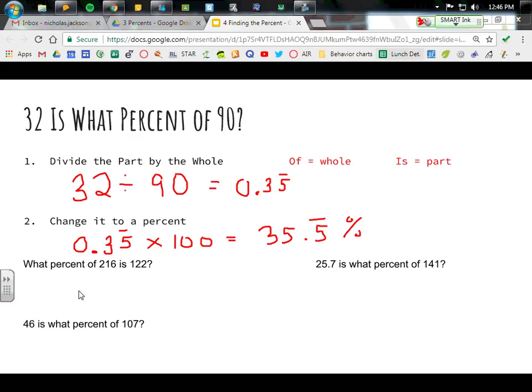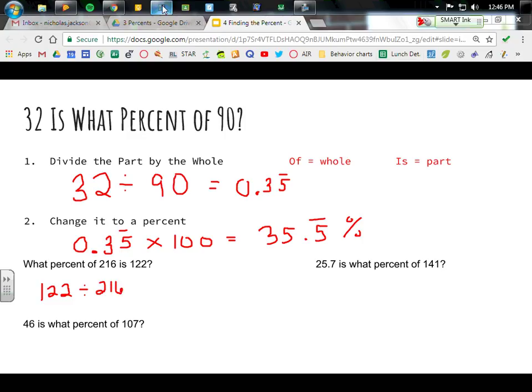All right, so what percent of 216 is 122? So 122 is the part, 216 is the whole. So we're going to divide 122 by 216.